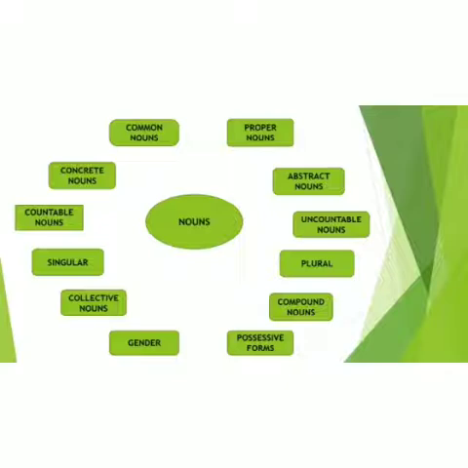Words that are nouns are broadly placed under the following groups: common and proper nouns, concrete and abstract nouns, countable and uncountable nouns, singular and plural nouns, collective and compound nouns, gender and the possessive forms of nouns.